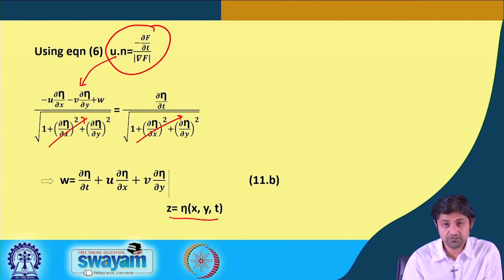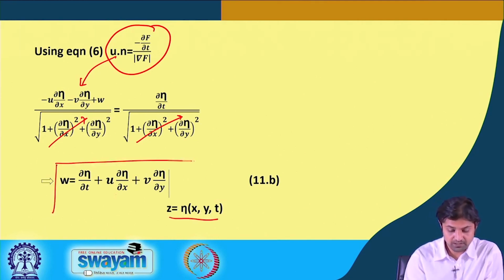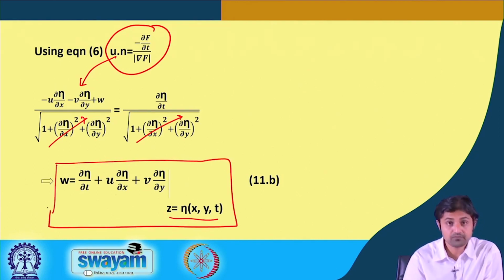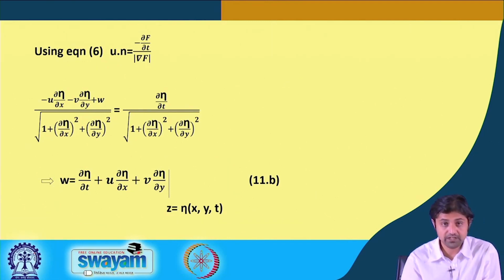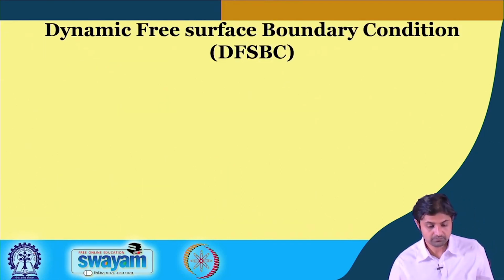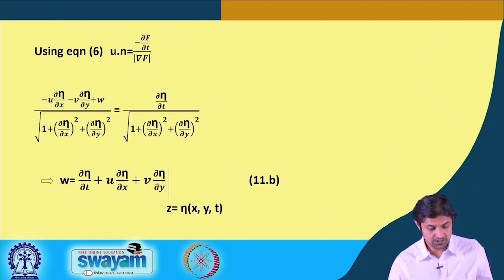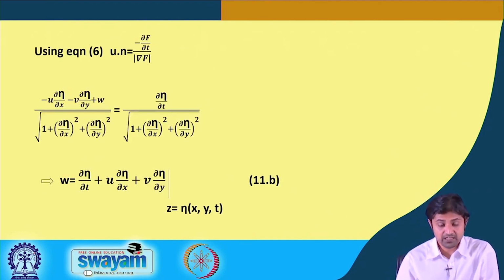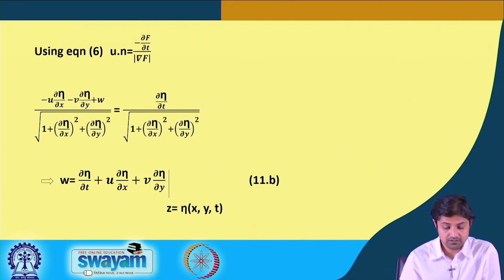This is the equation of the free surface. This is an important equation. So this is the kinematic free surface boundary condition.